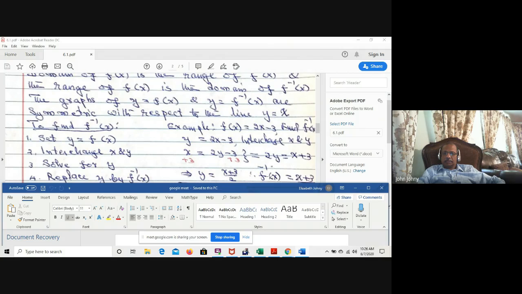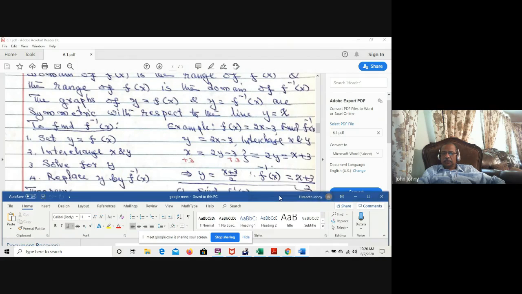So f inverse x is (x plus 3) all divided by 2. Keep in mind, to find f inverse x, there are 4 steps. First, set y equal to f(x). Second, interchange x and y. Third, solve for y. Then finally, replace y by f inverse x.